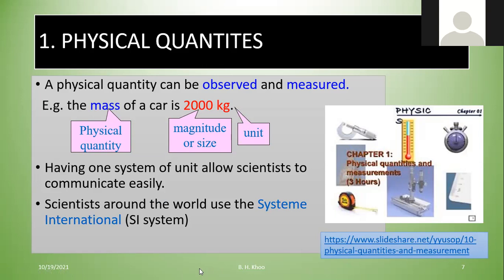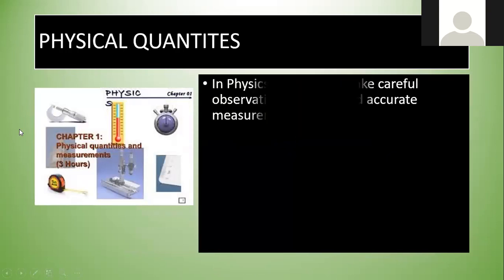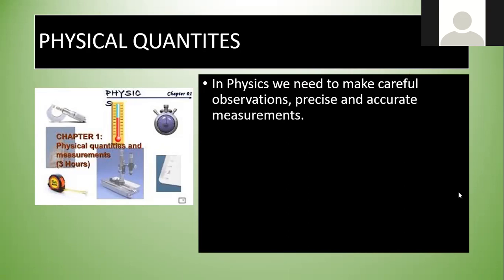But as far as A-level is concerned, for STPM, we use SI units. In physics, we need to make careful observations, precise and accurate measurements. Right? The physical quantities can be measured.